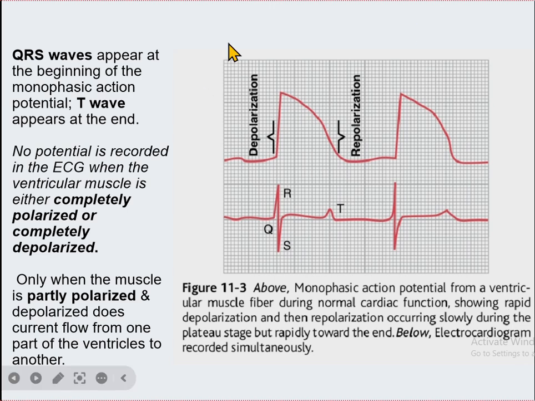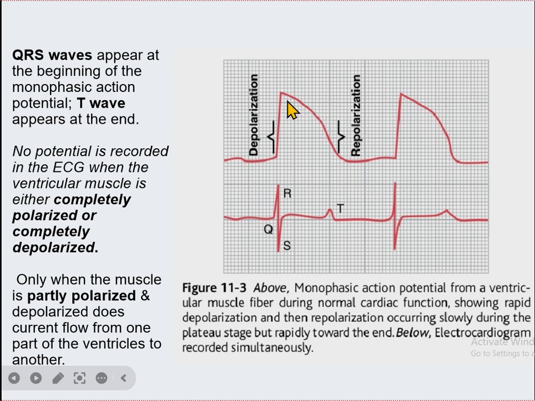Realize that the regions when the muscle is completely polarized, for example here at resting membrane potential, the ECG is showing no electric activity. Meaning if the muscles of the ventricles or muscles of the heart are having the same charge, for example here in a polarized state, it will show you no change in voltage on the ECG.